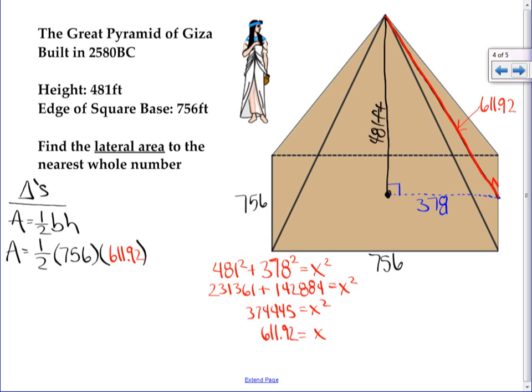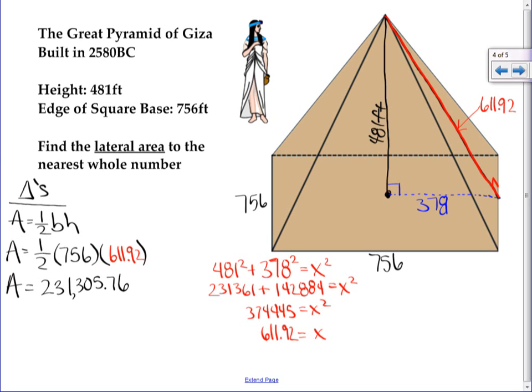Now we can find the area of one triangle, and then we'll times it by 4. What's the area of just one triangle? Just read the numbers. 231,305.76.